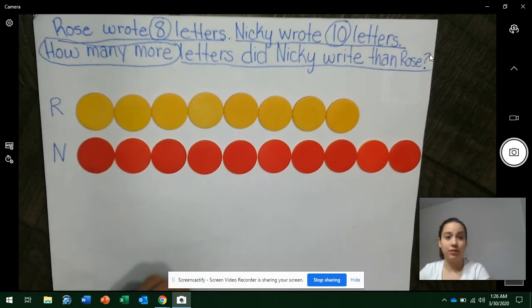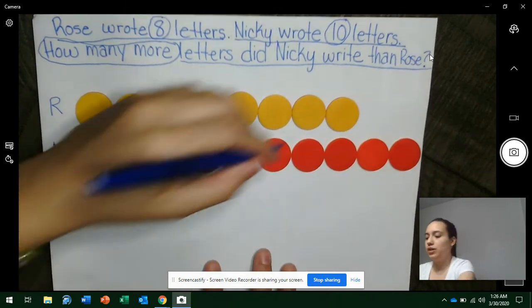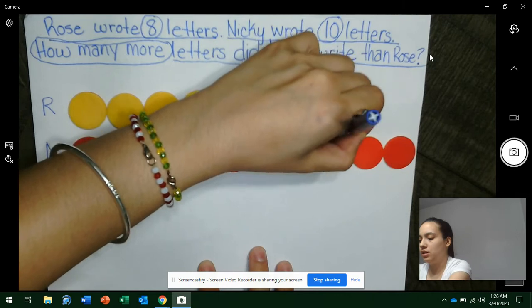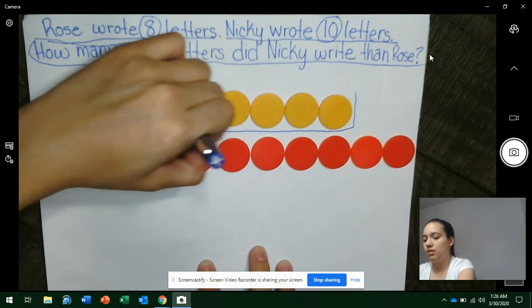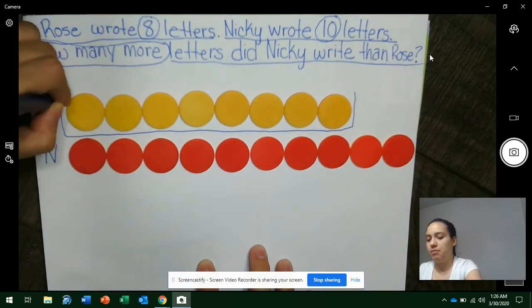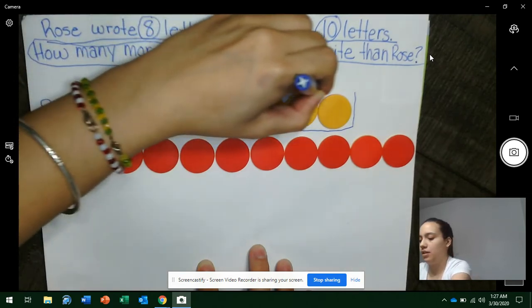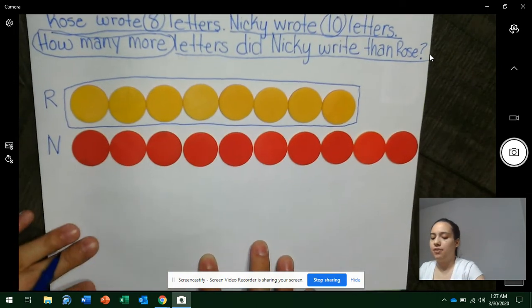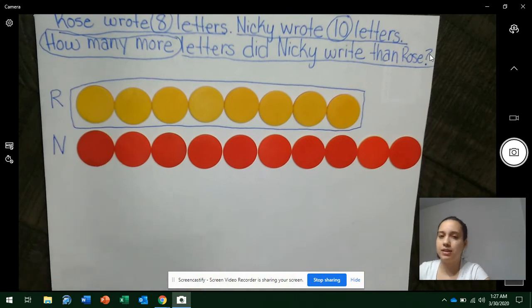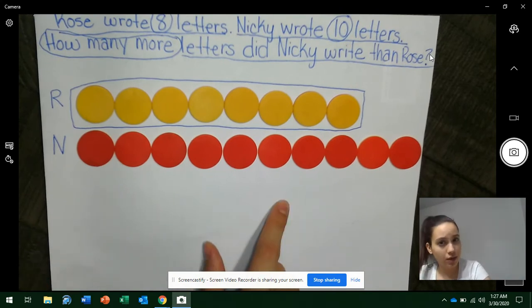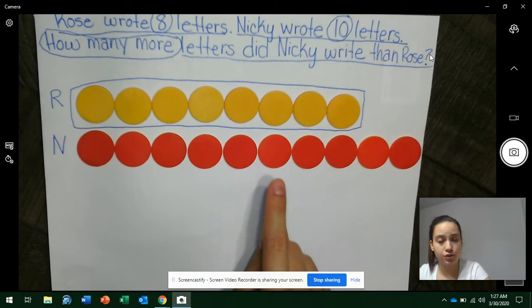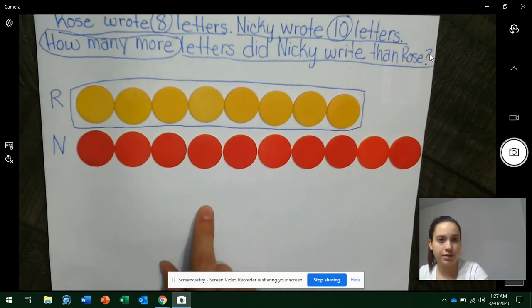Now we're going to solve. So in order to do that, let's go ahead and box Rose's circles. We're going to make a box around it. And for Nikki, before we box his circles, think about this. Is his box going to be longer or shorter than Rose's? Get ready.